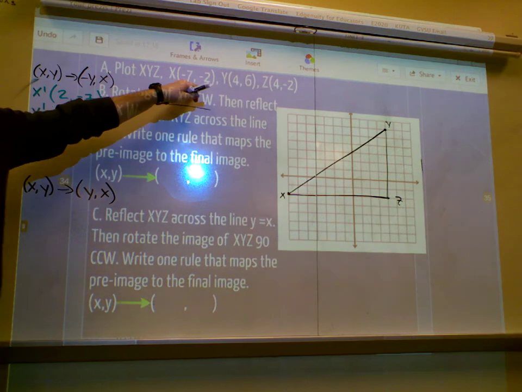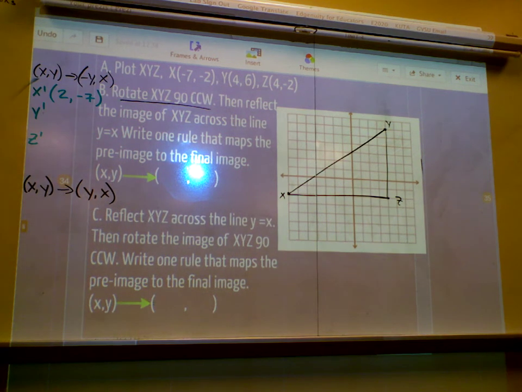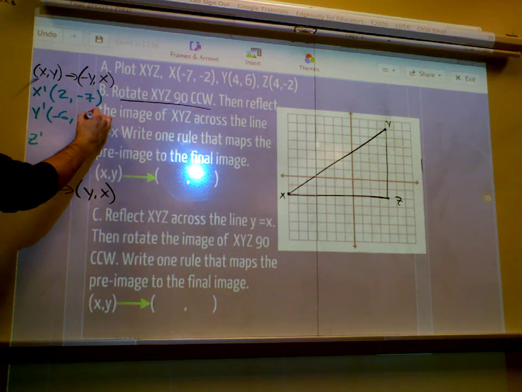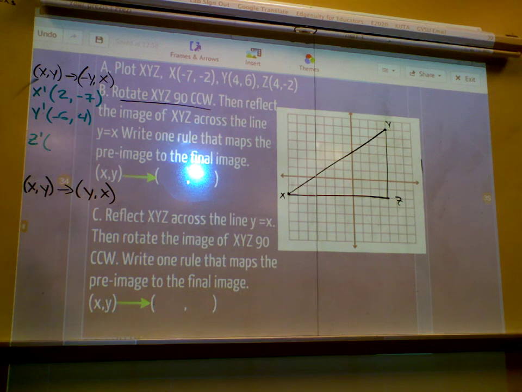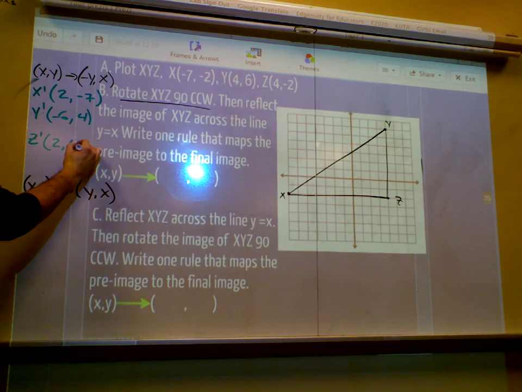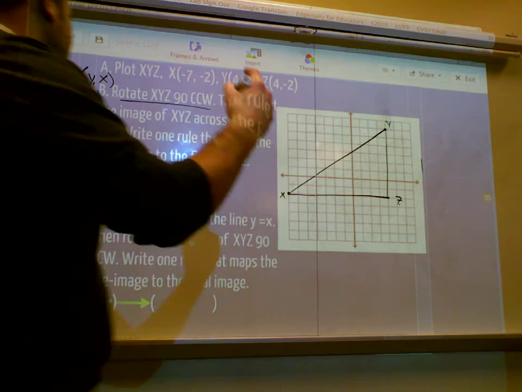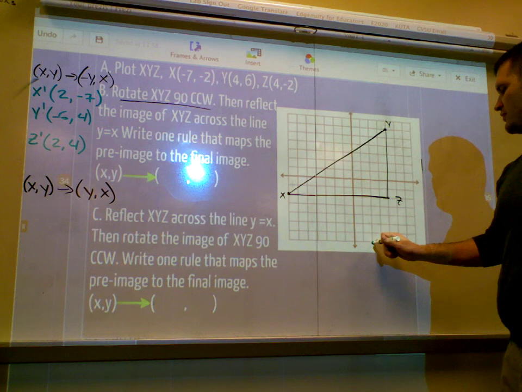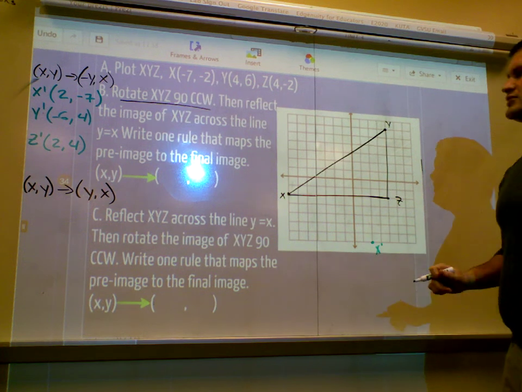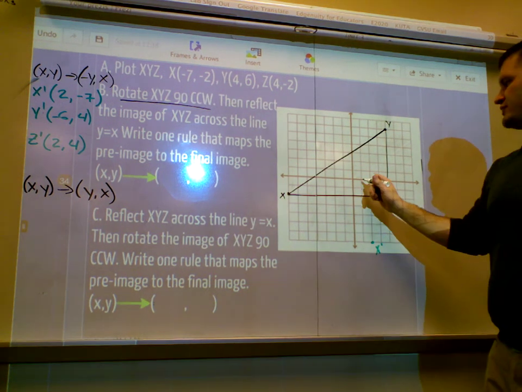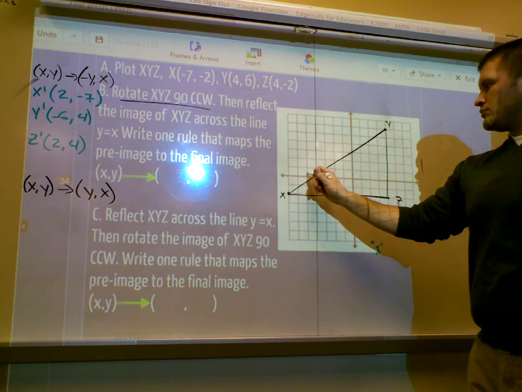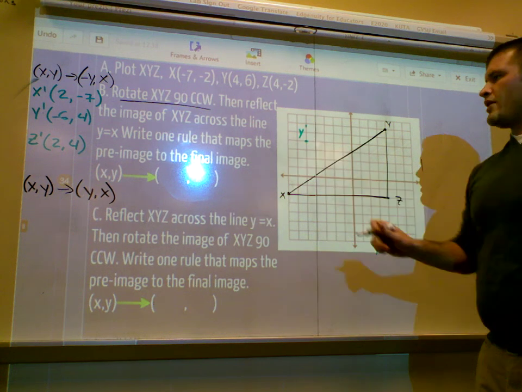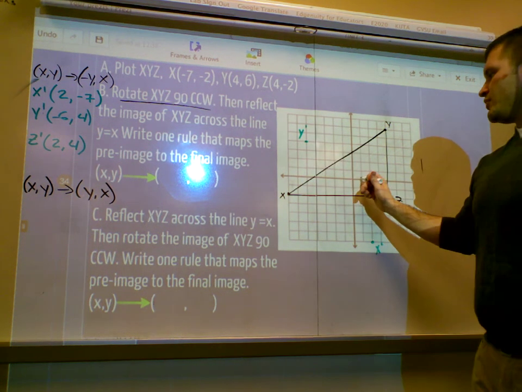The -2 changes sign, right? Y prime, 4, 6, good. Z prime, 2, 4. Nice try. So we can plot that. There's x prime, -6, 4. Y prime, Z prime, 2, 4.